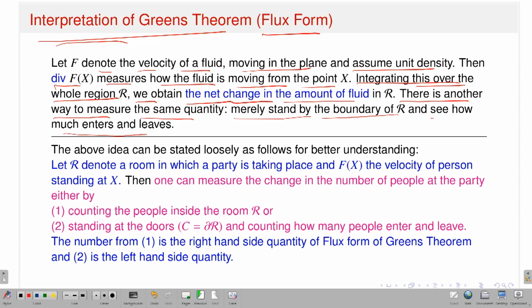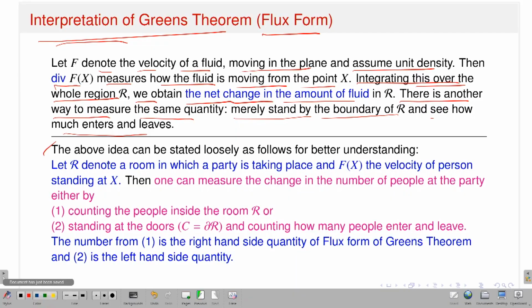So there are two things. Either I talk about the interpretation in terms of the double integral over the region R, or I can talk about the same object as a line integral over my contour C. So therefore, the above idea can be stated loosely as follows, for better understanding.